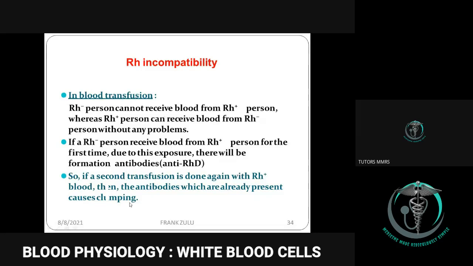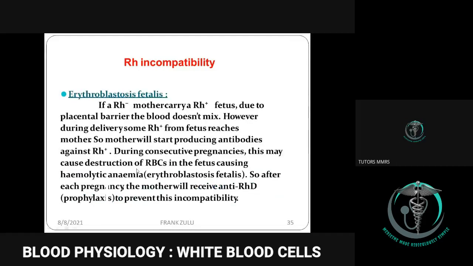They cross the placenta and go and attack the fetal blood. So to answer your question, no, the mother will continue being Rh negative, but her blood is going to have these antibodies. And these antibodies are what is going to cause the agglutination.